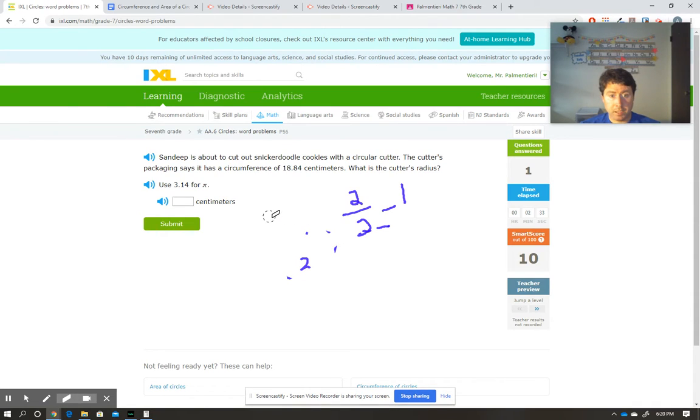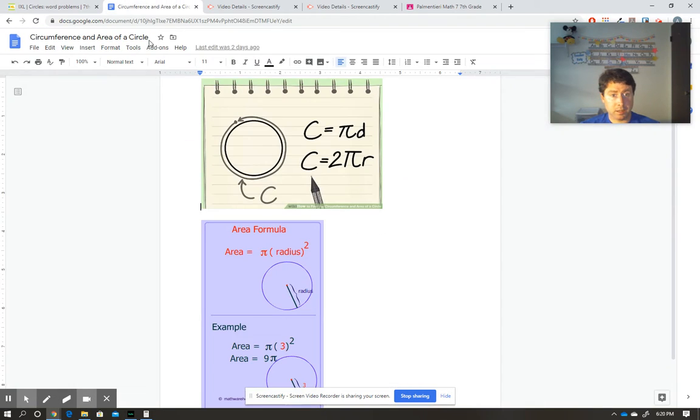Okay, so now what we need to do is, it says circumference, so I'm going to set up a problem that matches circumference and that has a radius in it. So if I go back to my reference here, that would be this right here. Circumference equals 2 pi radius.